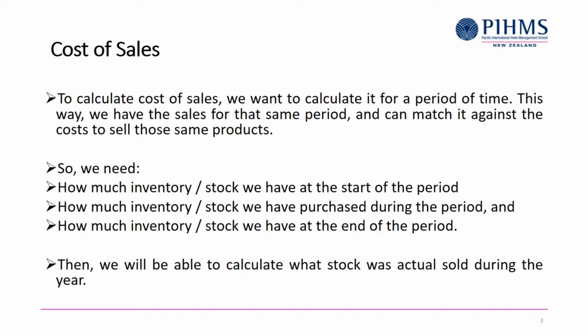Because if we match it to the sales for that same period, well, we can match the costs to that same period and then accurately calculate the gross profit for that period. So the things we need are, well, how much did we have at the start of the period? How much did we buy or purchase during the period? And then how much inventory did we have at the end of the period? So these are the three things that we need to be able to calculate cost of sales.